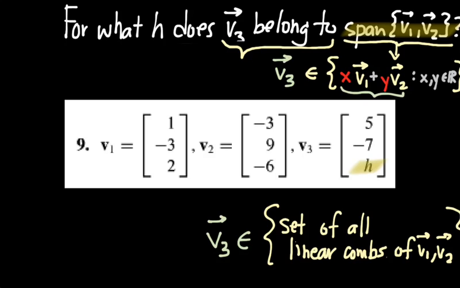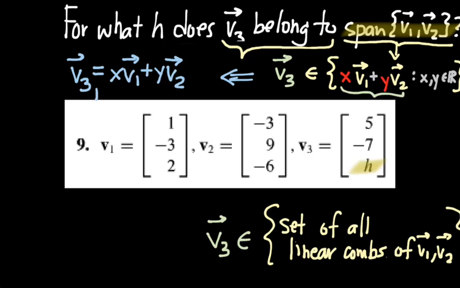So let's get that down here. So if V3 belongs to this span, that must mean that V3 is equal to x times V1 plus y times V2 for some real numbers x and y.